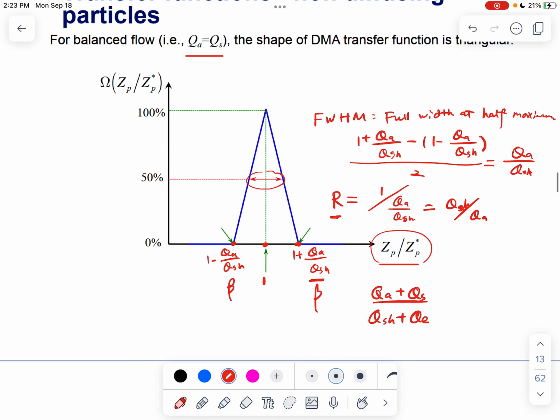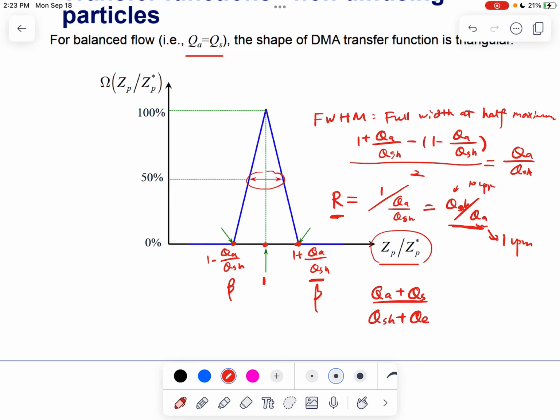And also you could notice that the resolution is just the ratio between these two flows here. So for example, if you have an SMPS system, and you use an aerosol flow of 1 liter per minute, right? And if you use a sheath flow of 10 liters per minute, you're going to have a resolution for the peak with a value of 10, right?